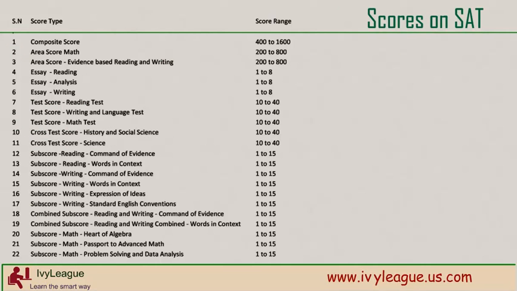Apart from the overall score in the range of 400 to 1600 for your math and evidence-based reading and writing, and a score range of 3 to 24 for your essay performance, the SAT also has several sub-scores and cross-test scores for more granular data.